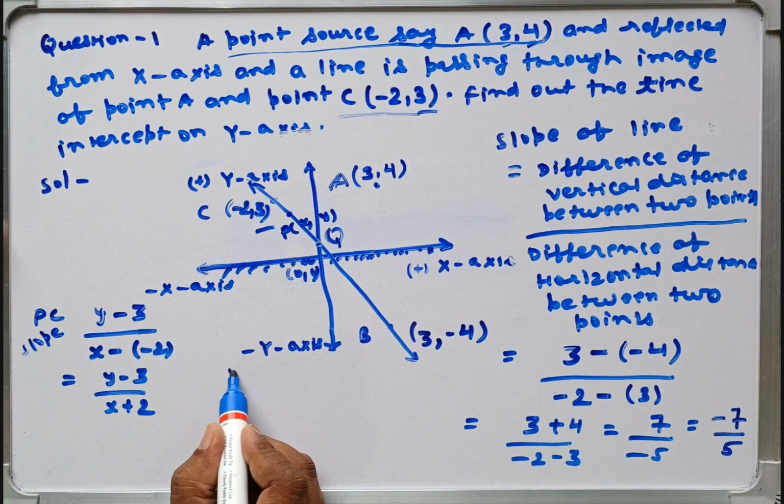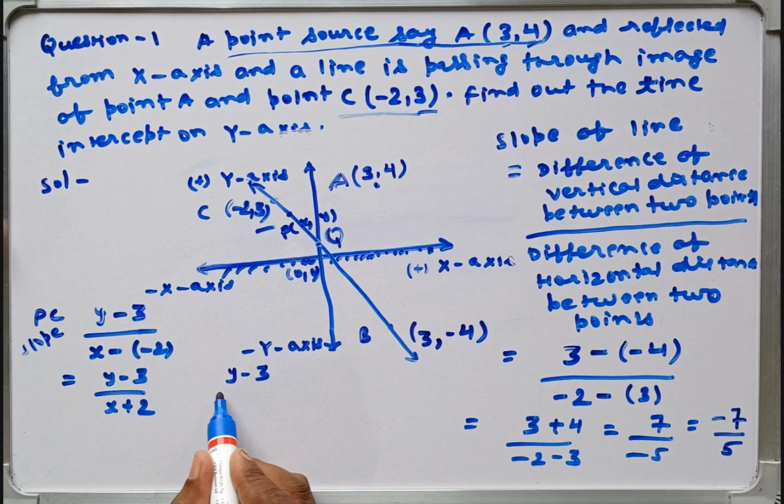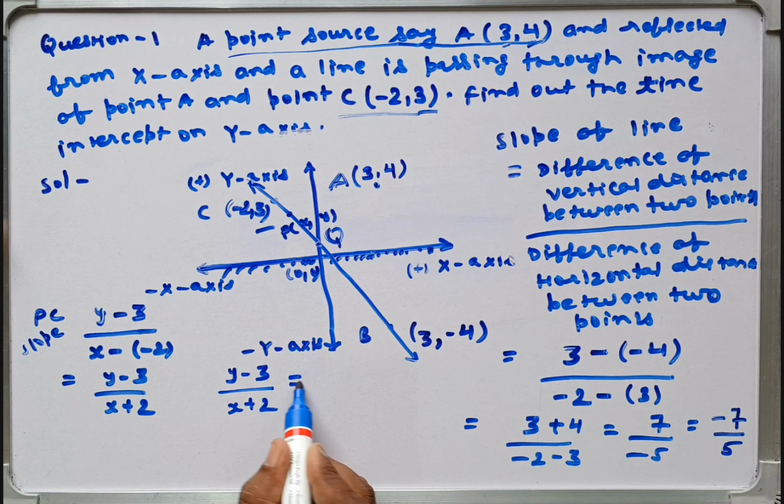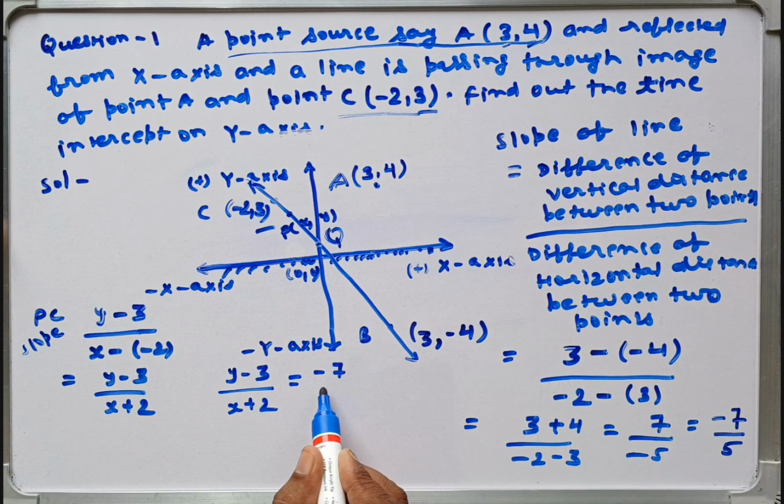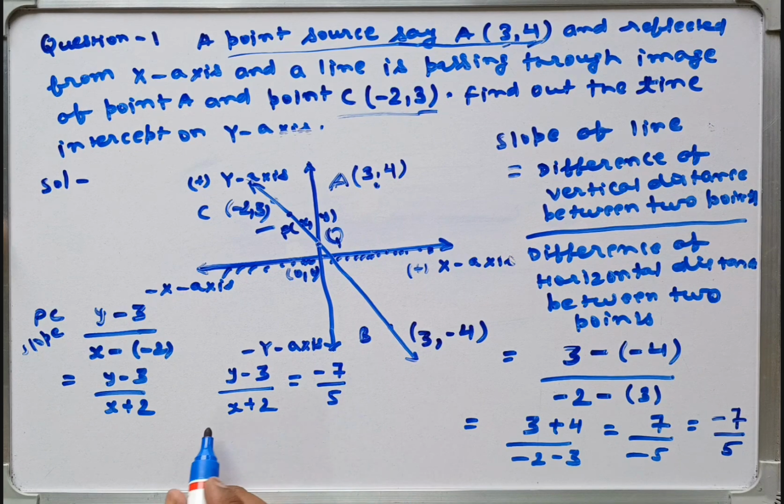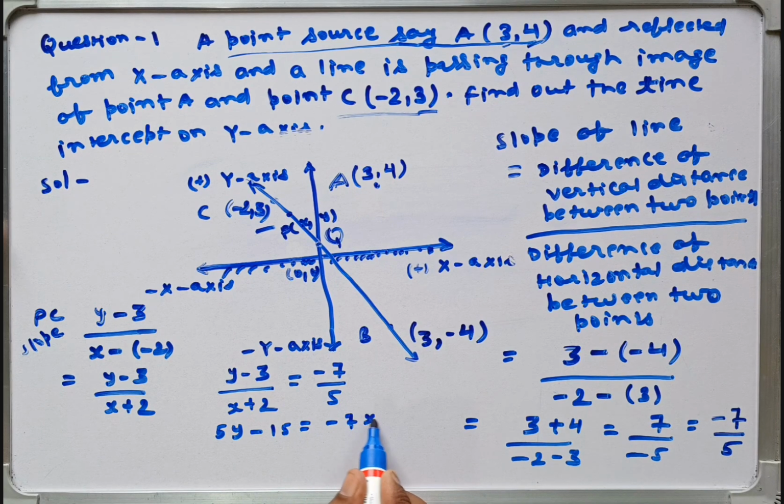Equating both, (y - 3)/(x + 2) = -7/5, then it will come 5y minus 15 equal to -7x minus 14.